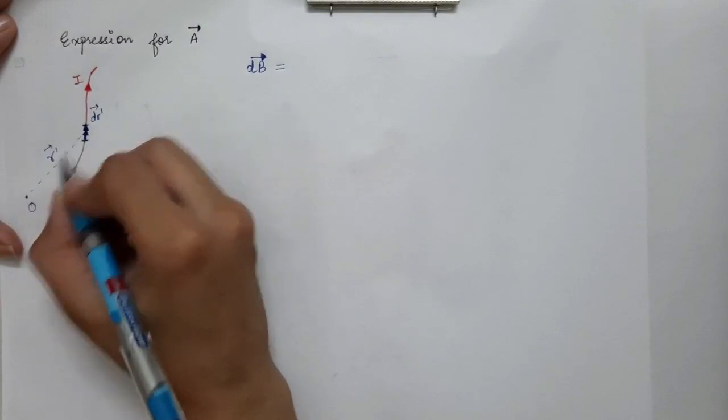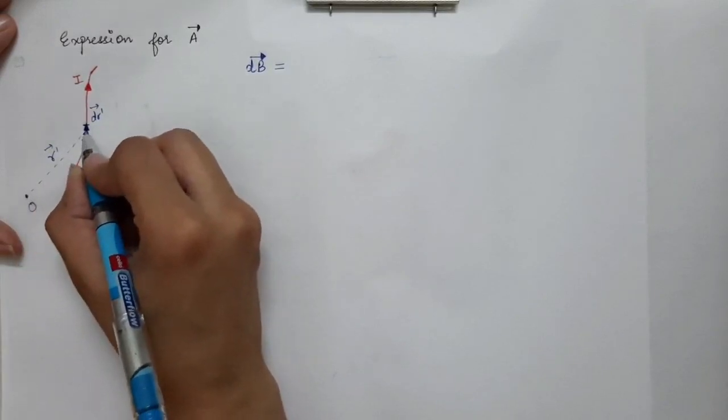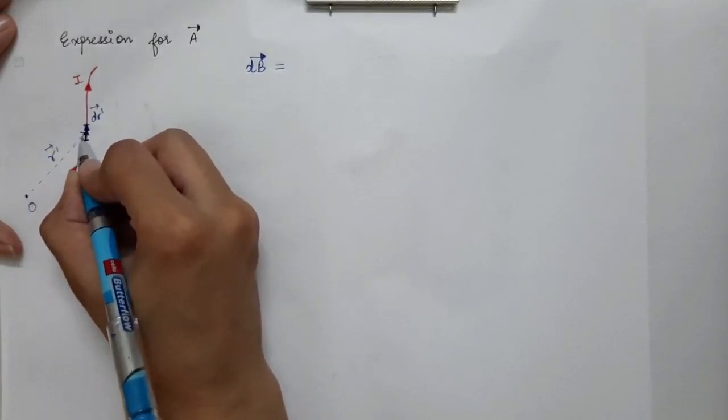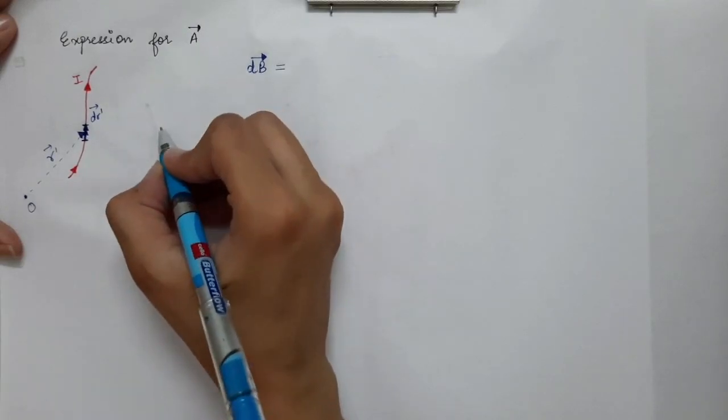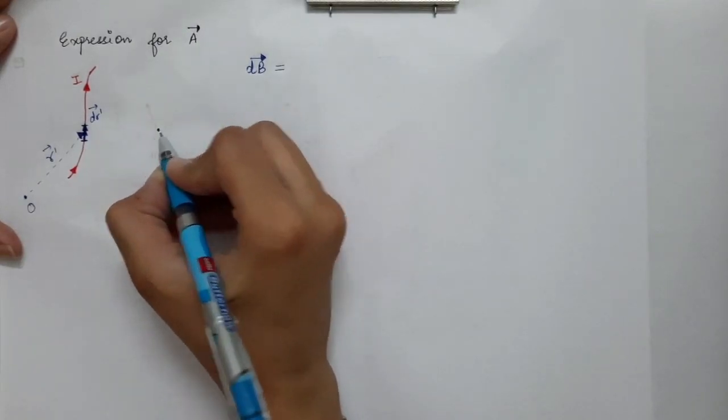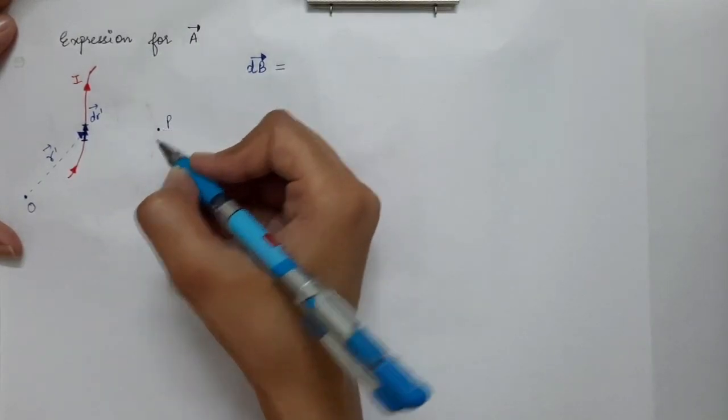This whole vector from point O to the line element is r prime vector. And let's suppose we are going to find the magnetic field at this point. So this is the observation point.